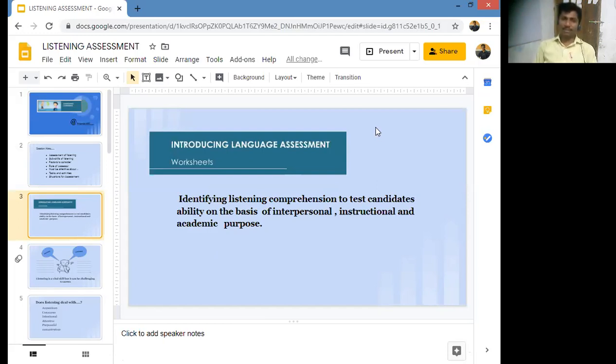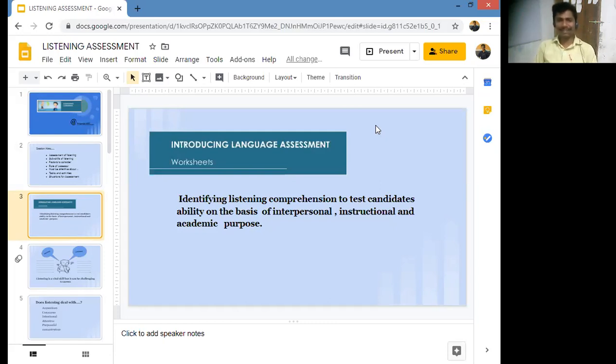Assessment of listening means to identify the listening comprehension of our learners. Are they perfect? Are they possessing the abilities to listen properly, to get clear ideas, to get the information through listening?